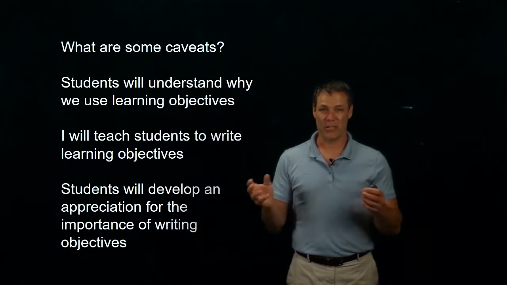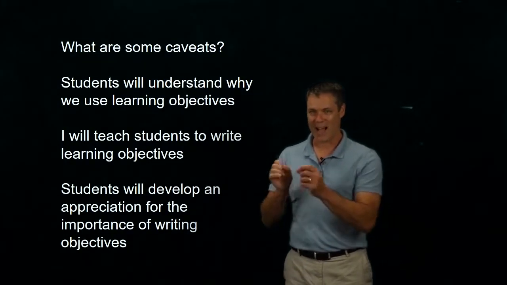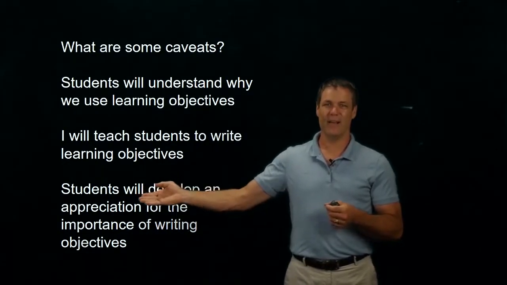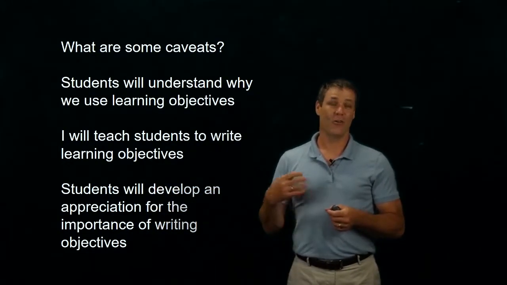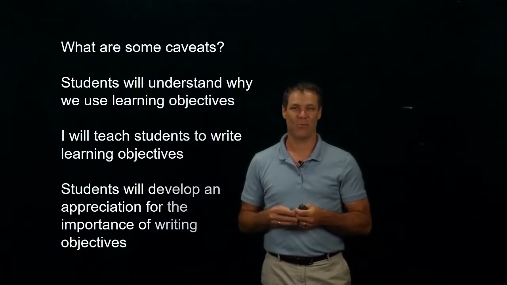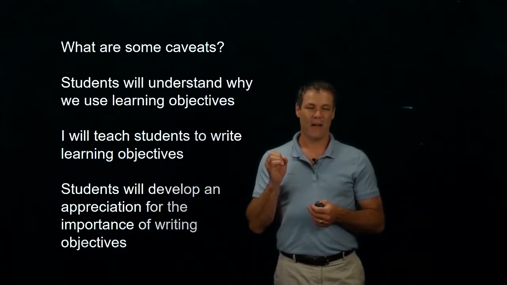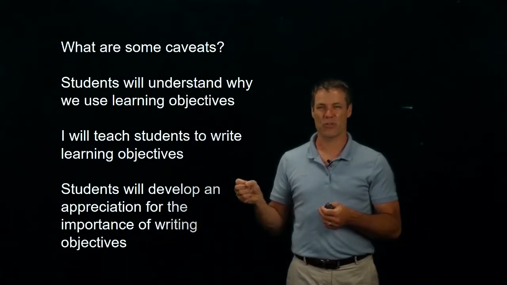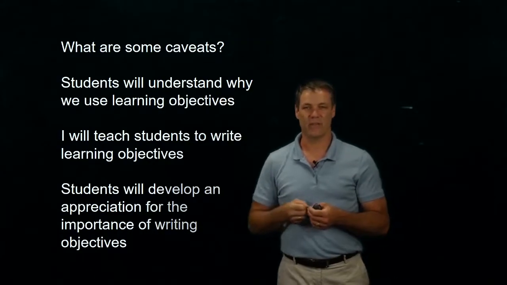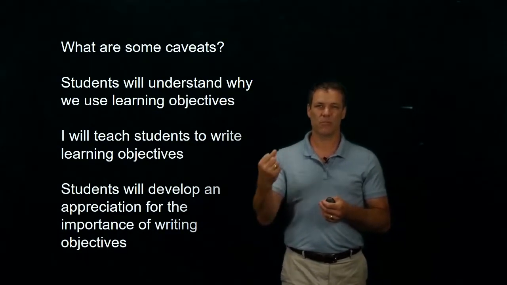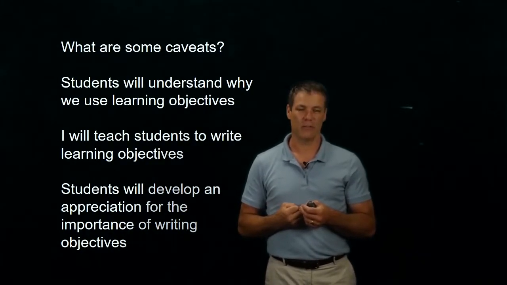So often, participants in one of these workshops will say, "I'm using develop, that's my measurable verb. Students will develop an appreciation." Or often it will say, "students will develop an understanding for the importance of writing objectives." Appreciate the effort, but developing an understanding is just as immeasurable as "understand" itself. So rather, we might say "students will be able to explain the importance of writing objectives."